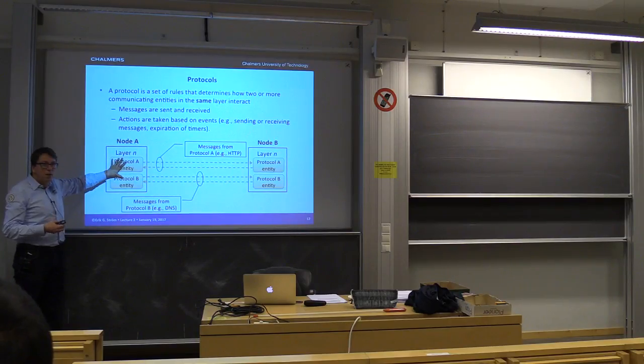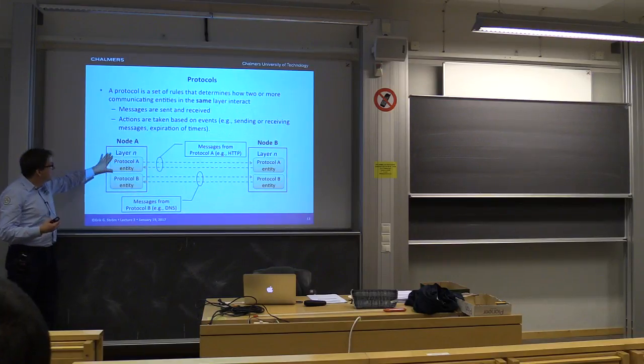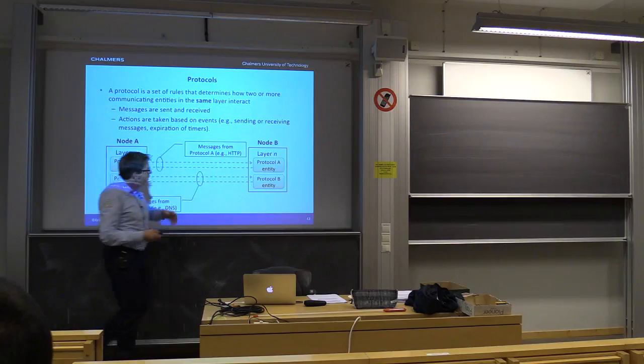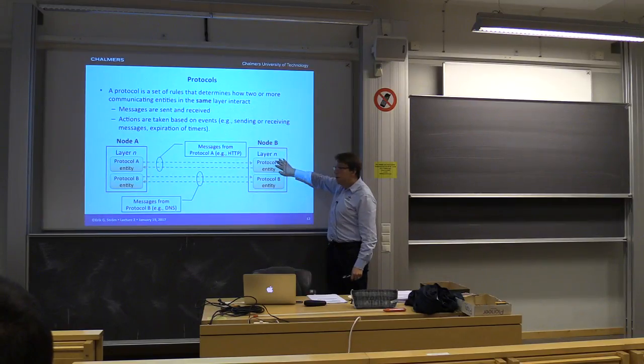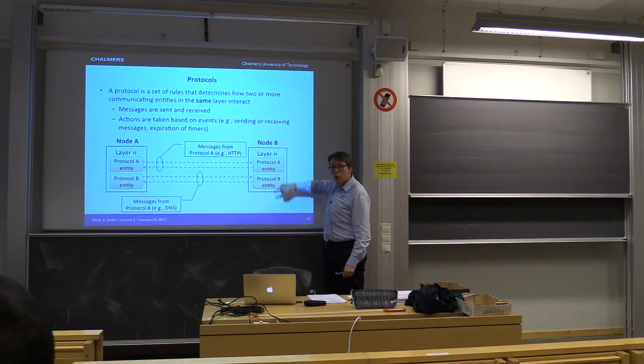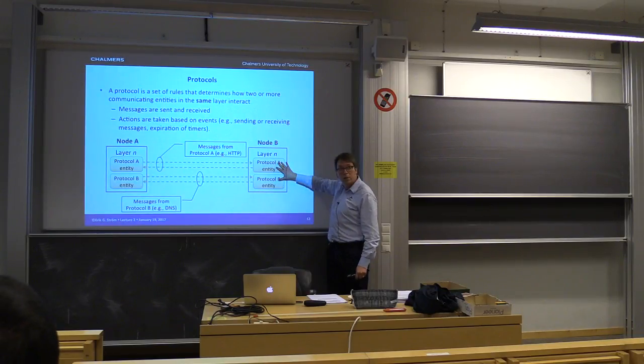But when it's communicating with some other node on the internet or on the network, it only talks to that same layer. Okay. So in layer N, for instance, here at node A, there is a protocol entity A. So this is some software process, and it talks with the corresponding entity, protocol A entity at layer N at some other node B. Okay, it doesn't talk to the upper or lower layers here. It talks with the same layer. Okay, so that's one thing which is important.